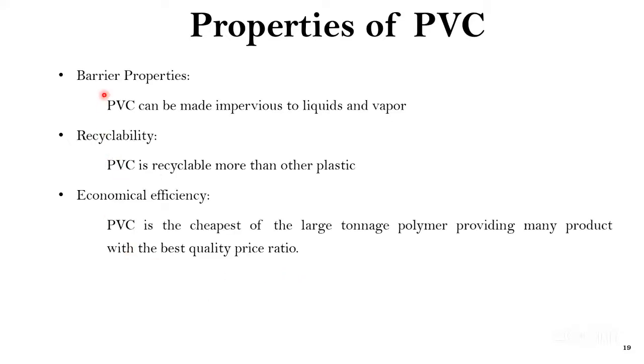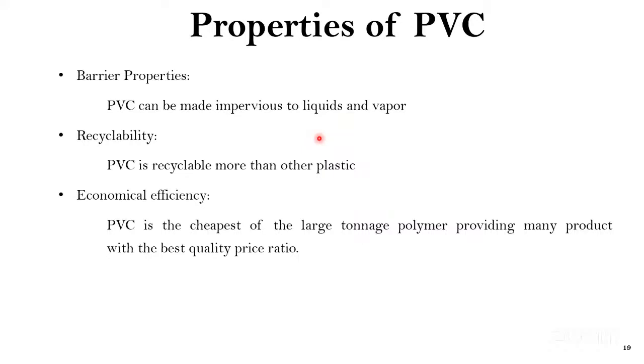Then they have a barrier property. What do you mean by barrier property? It means it gives you an insulation property. That is why PVC can make improvements for liquid and vapor.